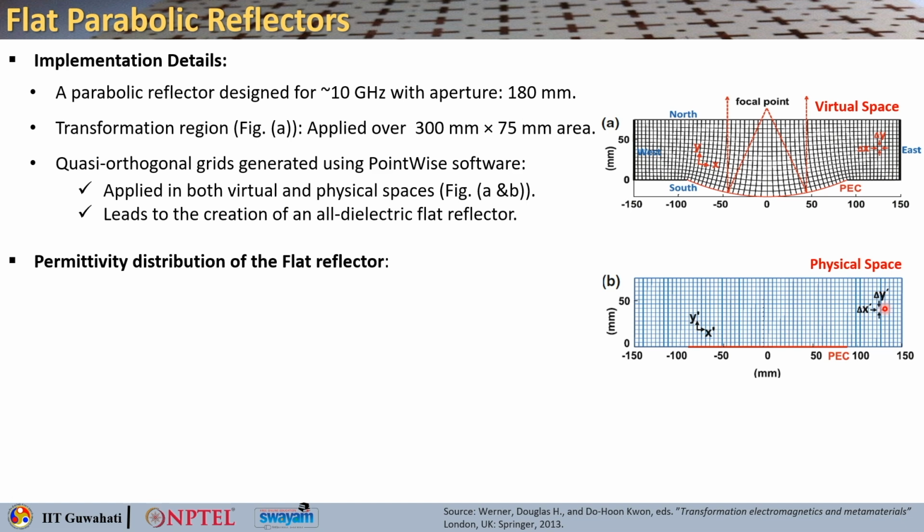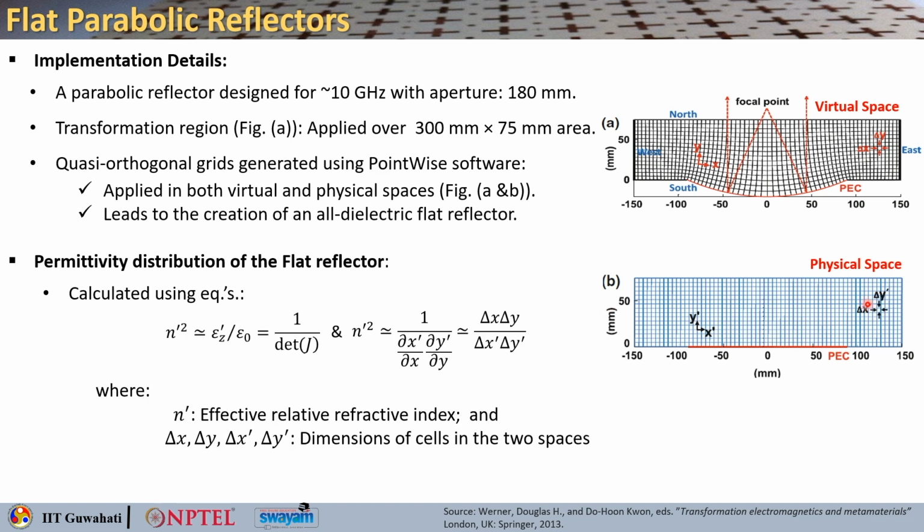So what we need to do now is find out the permittivity distribution for this flat reflector. Using the equations that you have seen earlier, you can calculate n prime square, which is nothing but epsilon z prime over epsilon naught, that is 1 over the determinant of J. J is the Jacobian matrix for this transformation, which we have discussed earlier, and n prime square is also nothing but delta x delta y divided by delta x double prime by delta y double prime.